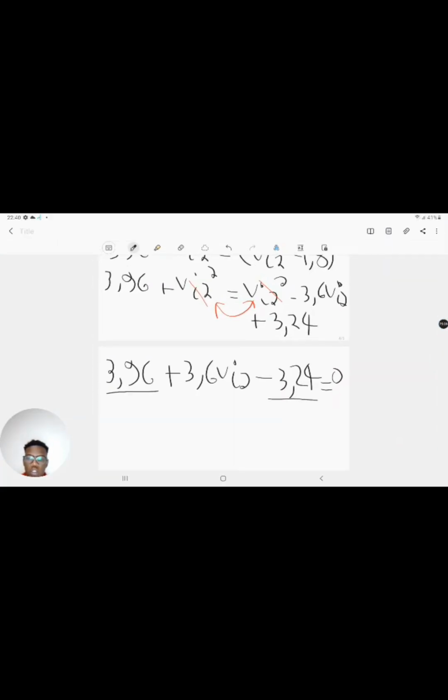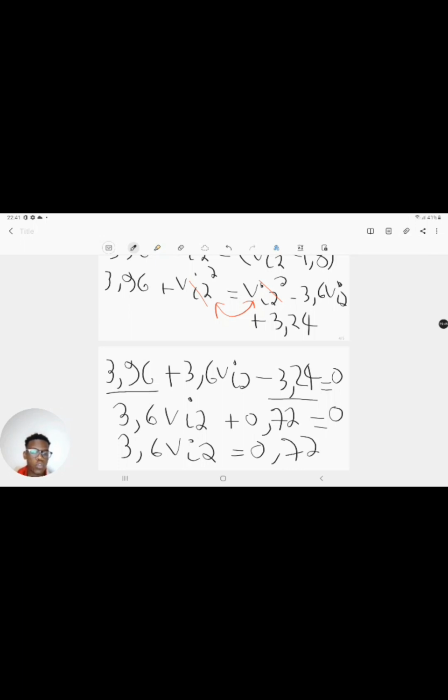So that is 3,6 VI2 plus 0,72 is equal to 0. When we continue to solve this, we've got 3,6 VI2 is equal to 0,72.